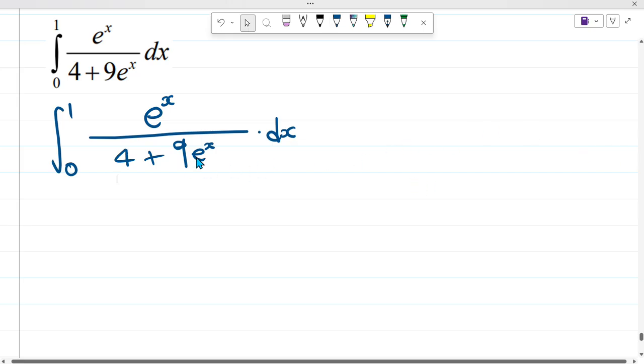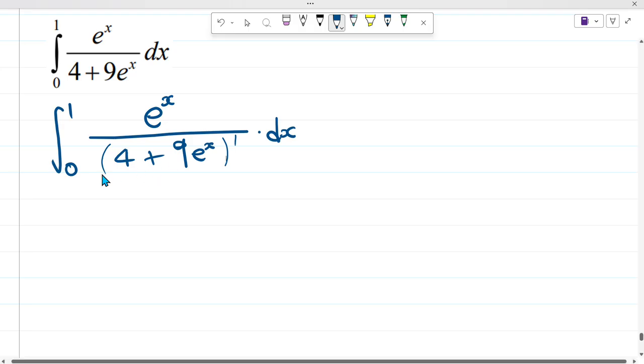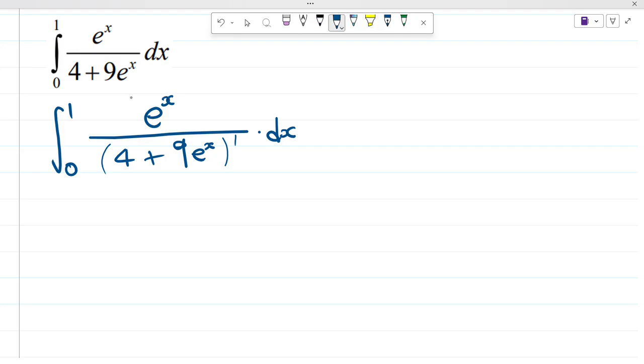What we're gonna do is instead let this whole thing on the numerator be my f of x. If I let 4 plus 9e to the power x be my f of x, now I'm trying to force the general log rule, you understand? When I differentiate it, I will get 9e to the power x, but I don't have a 9 there, so I must put a 9 and then 1 over 9 here.